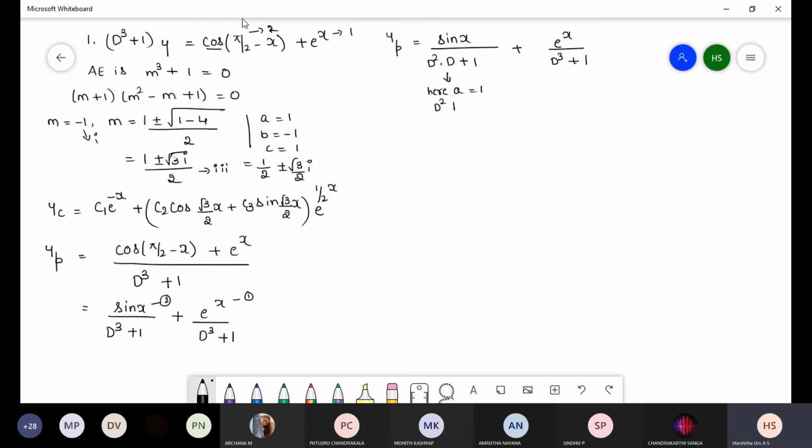So d square should be replaced by minus a square, that is minus 1. So sin x divided by, in the place of d square we write minus 1, into d plus 1. Here type 1 means d is equal to a, so a is equal to 1. So e power x divided by 1 plus 1, that is 2.